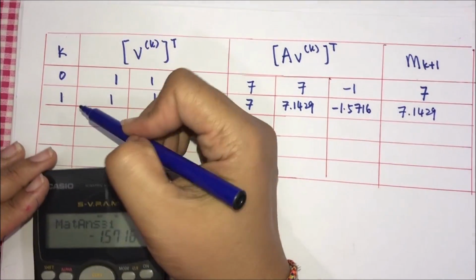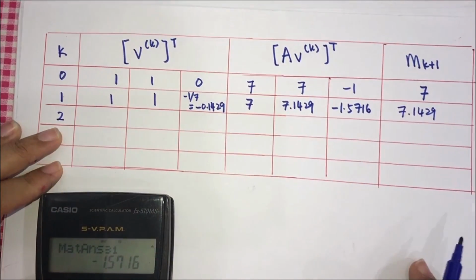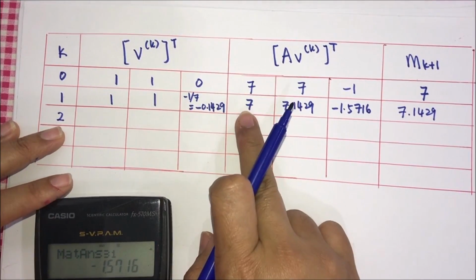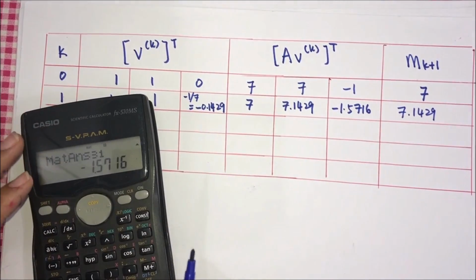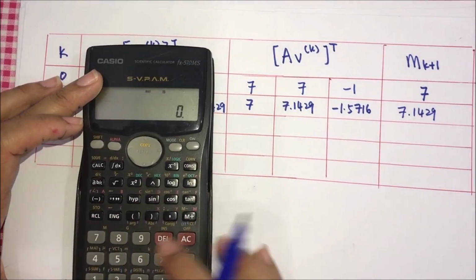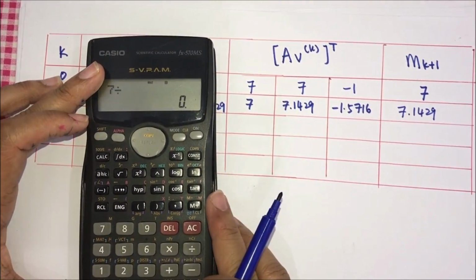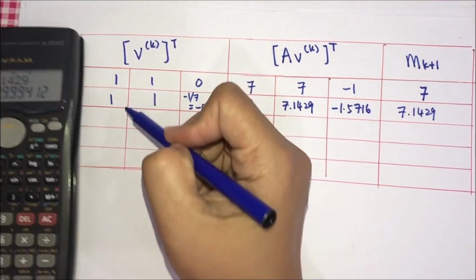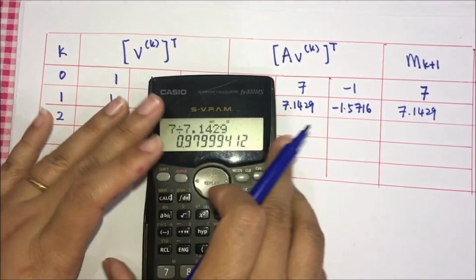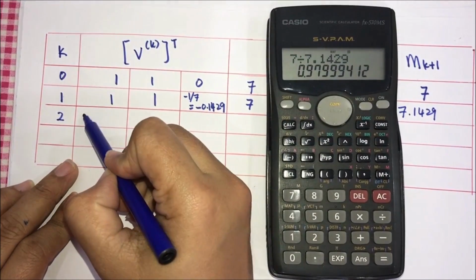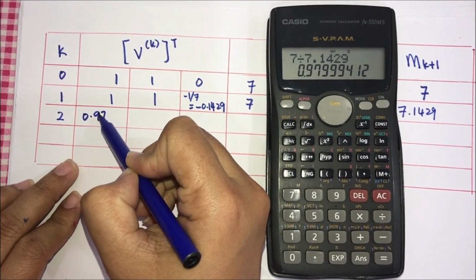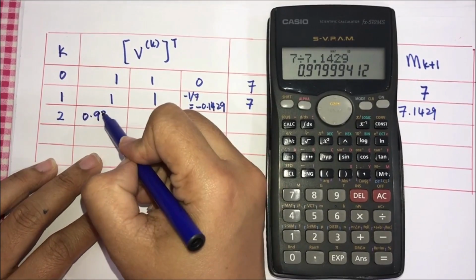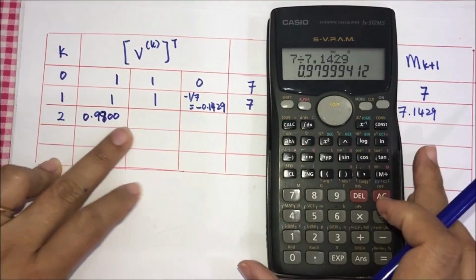So that's the next level, k equal to 2: 7 divided by 7.1429, and you get 0.9980.